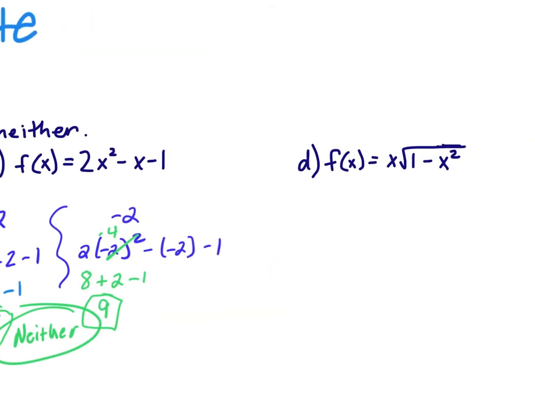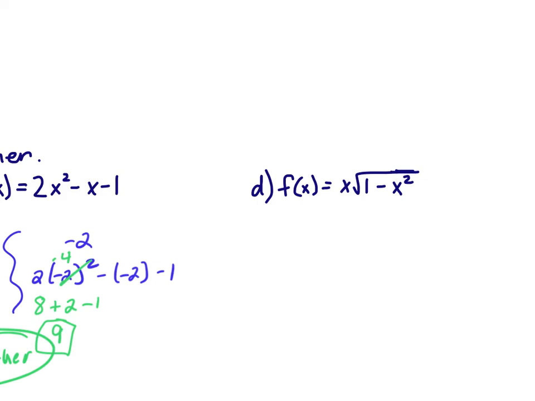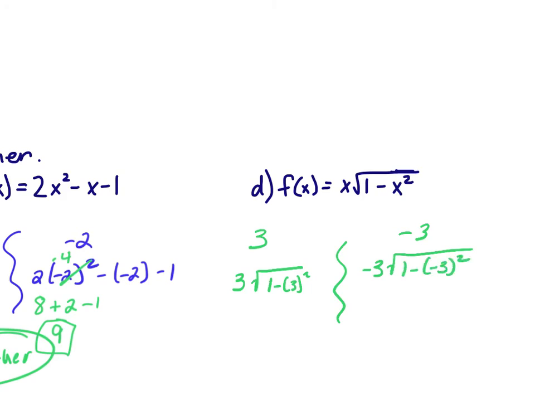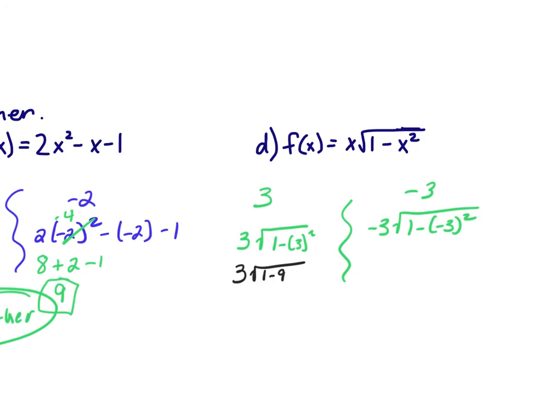All right, over here, same thing. Let's use 3. 3 and negative 3. So I have 3 times 1 minus 3 squared. And I have negative 3 times 1 minus negative 3 squared. Okay, so 3 times 1 minus 9, right?